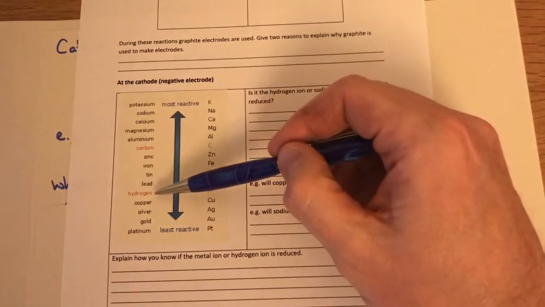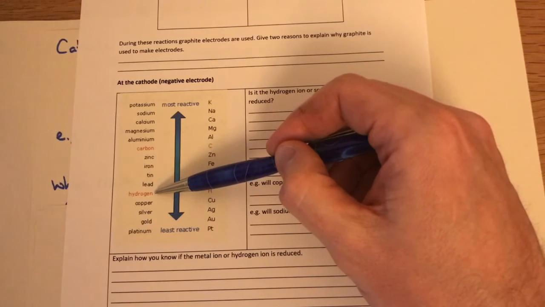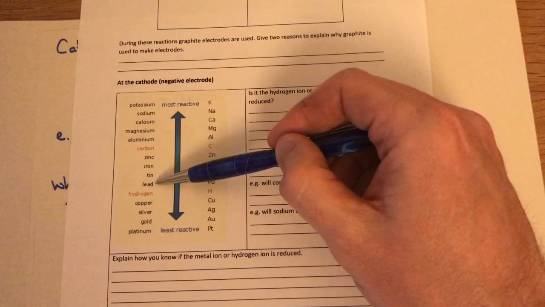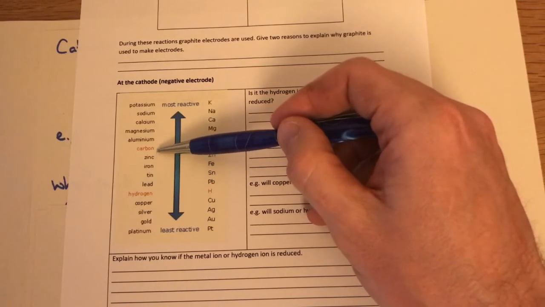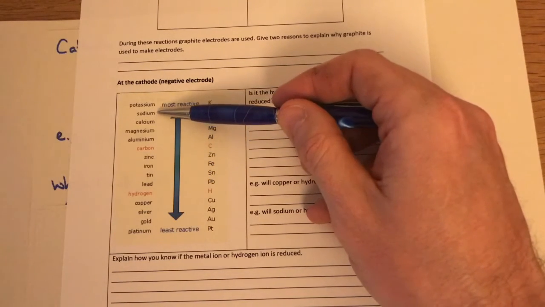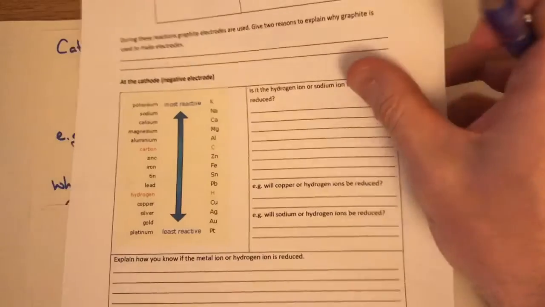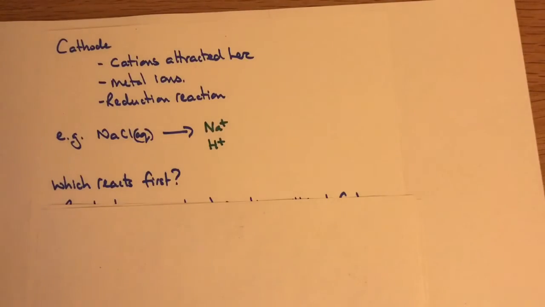First part is that here is hydrogen, way down here, so this is not a very reactive material. As you go up, they get more reactive, and here I get to sodium. So sodium is far more reactive than hydrogen. You need to remember that fact. We're going to come back to that in one moment.